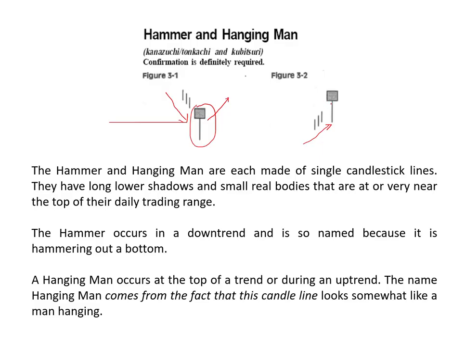So a hanging man occurs at the top of the trend or during the uptrend. The name hanging man comes from the fact that this candle looks somewhat like a hanging man. So that is why it is called hanging man. These two candles are the same, but based on where they appear, it is called either hammer or hanging man. And these are short-term reversal patterns.